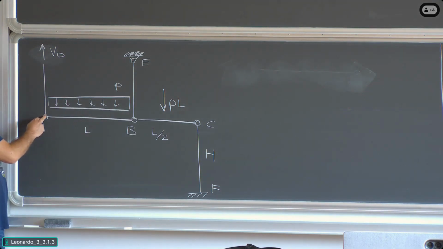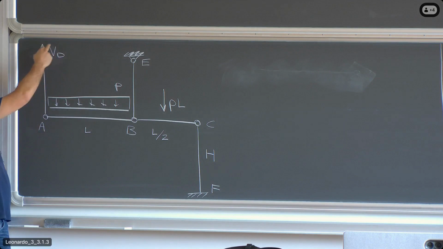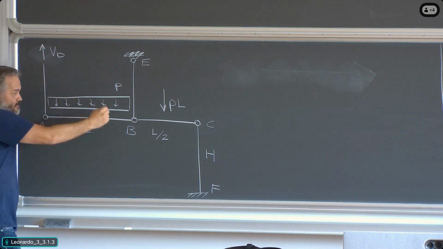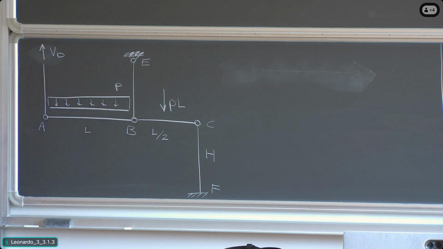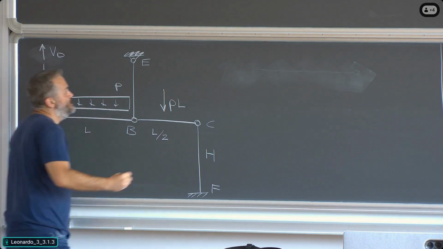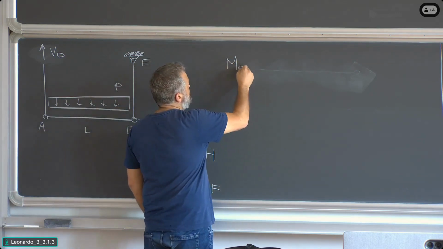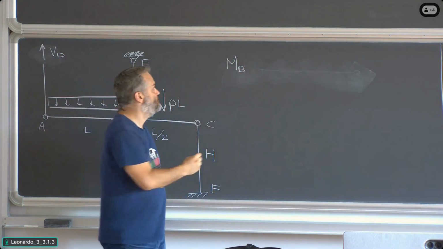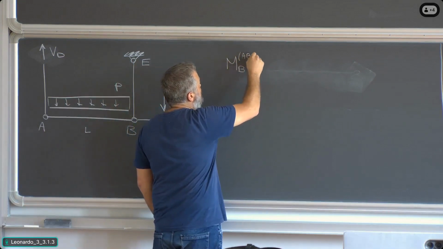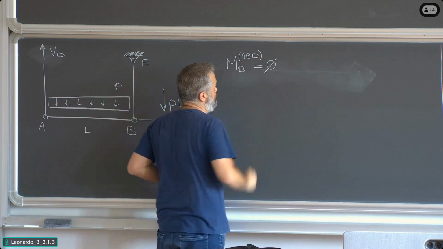I could start with a rotation equilibrium here, but it would lead to an equation which reads 0 equal to 0, because the line of action of VD passes through point A. We move to the right, point B. A good idea is to write the rotation equilibrium MB equal to 0 of this portion of the structure, ABD. So, first equation is moment with respect to point B of ABD is equal to 0.